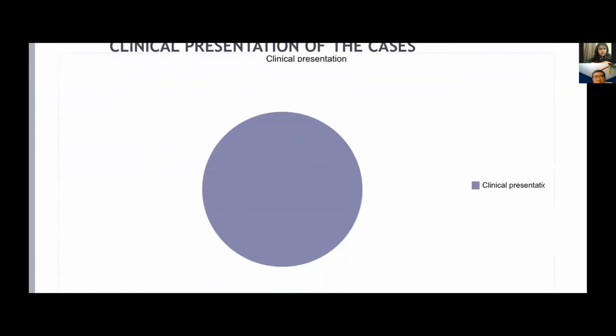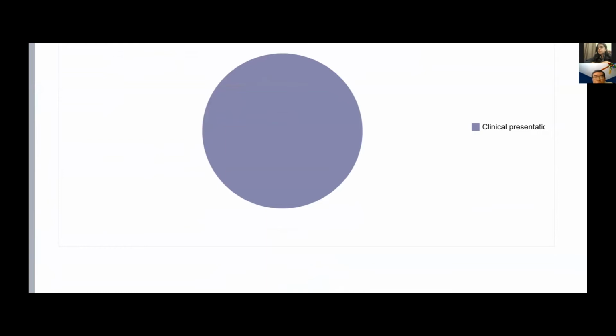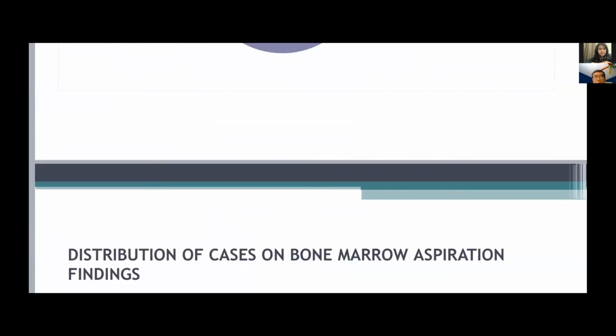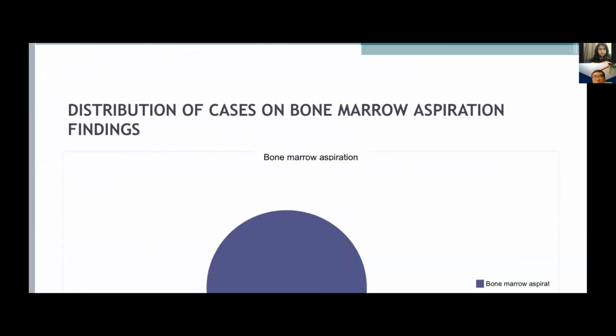The clinical presentation of the cases: most of the patients presented with fever, weakness, and lymphadenopathy.